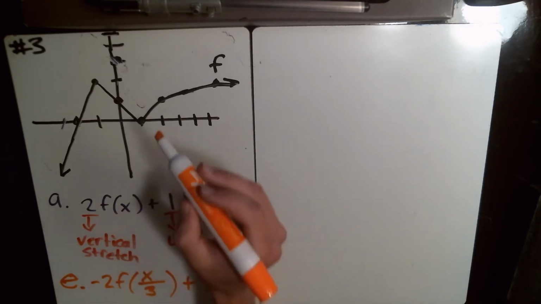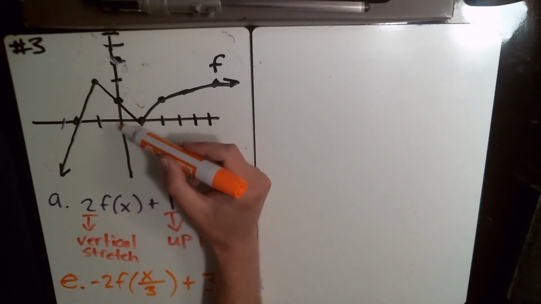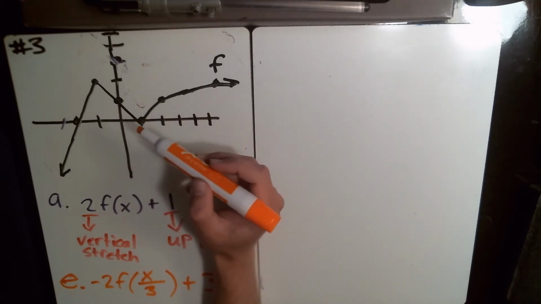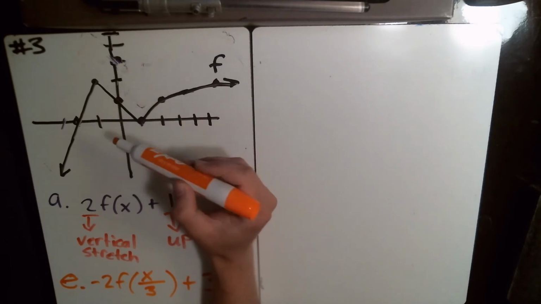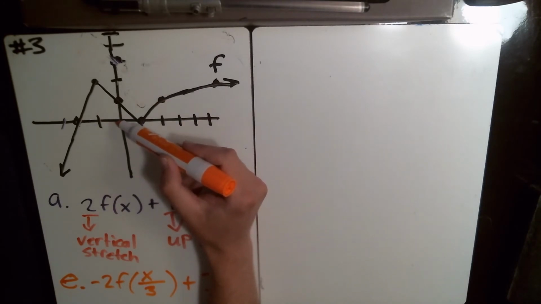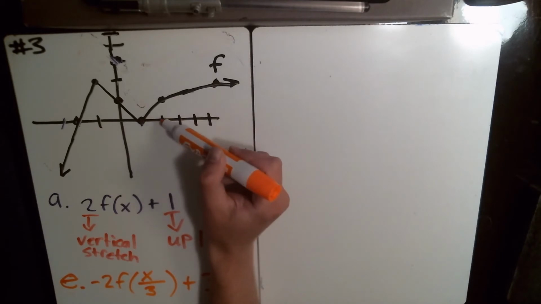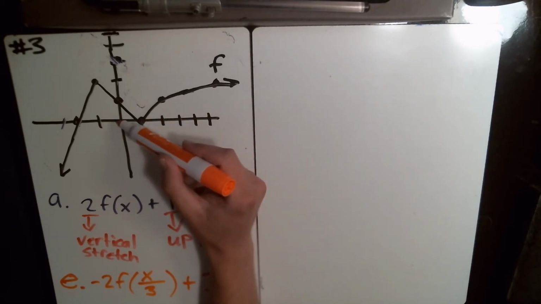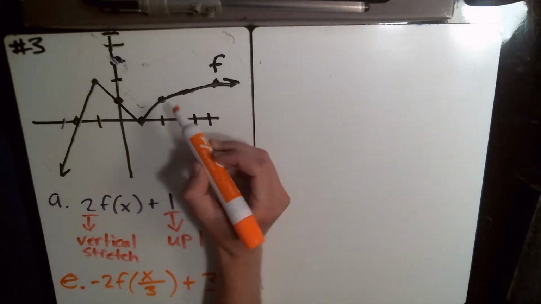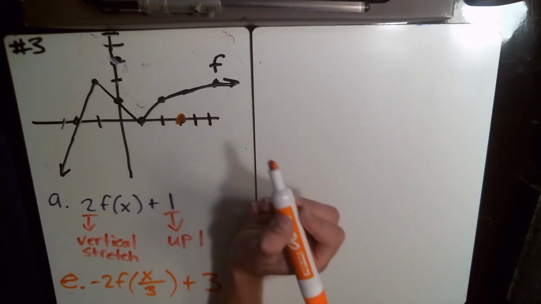Okay. Well, it's going to stretch out the x values so they're 3 times as big as they were before. So normally, 0 stays the same because 3 times 0 is still 0. But this point happened at x equals 1. Well, now it's going to happen at x equals 3. So 1, 2, 3. We're going to be over here. Okay?